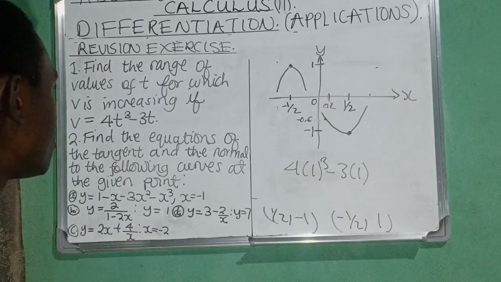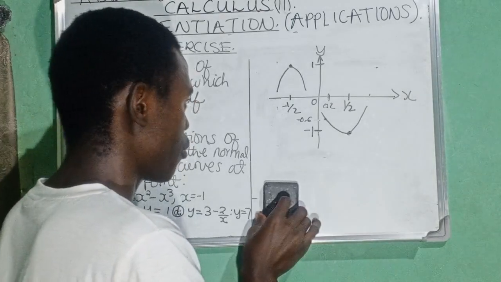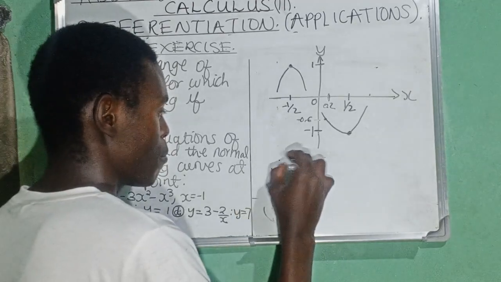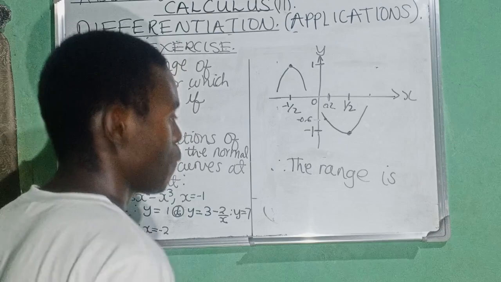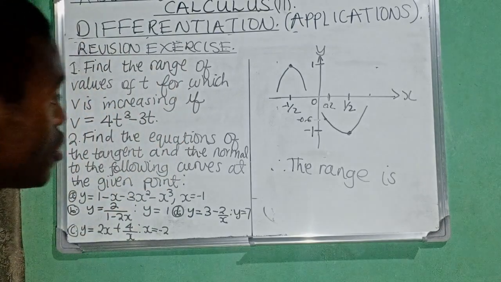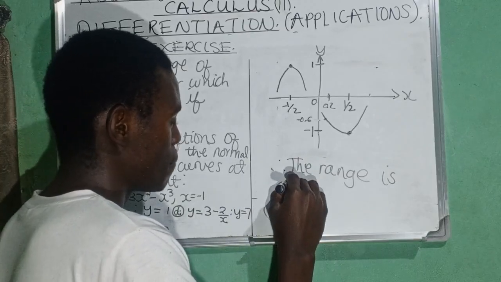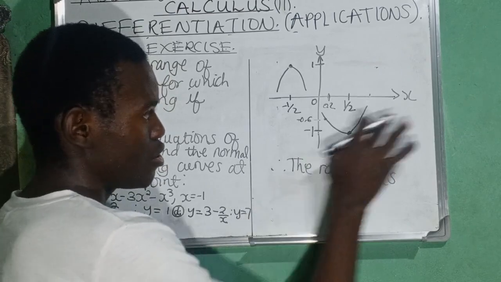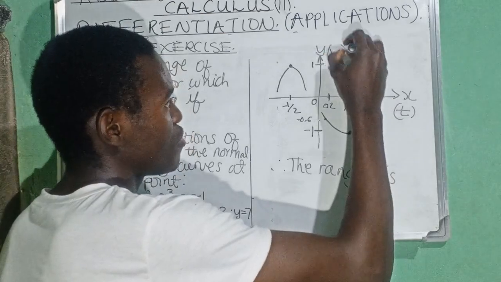And then in the question they said, find the range of values of t for which v is increasing. So we are going to conclude and say, therefore, the range for which v is increasing. The x-axis represents t, the y-axis represents v.